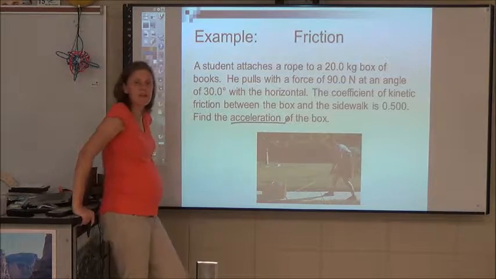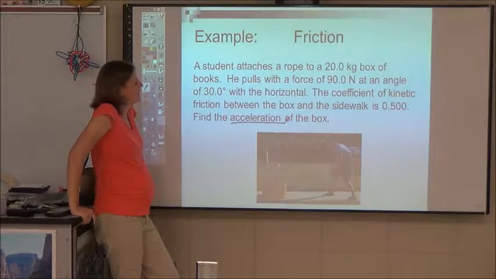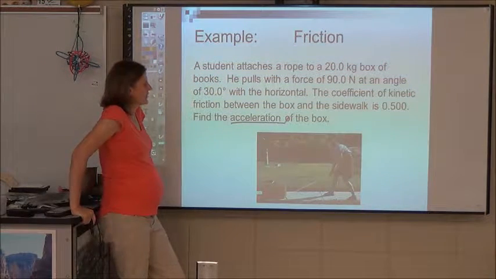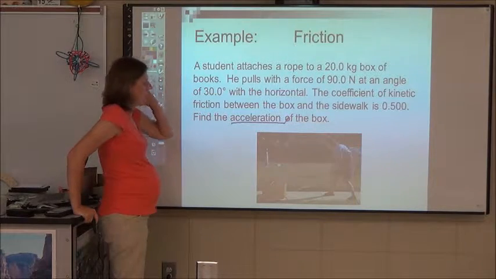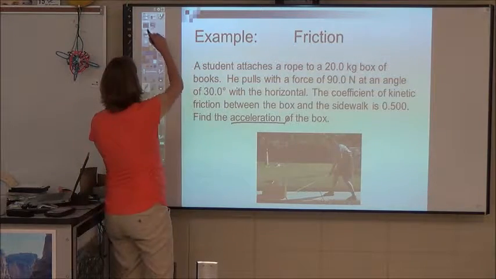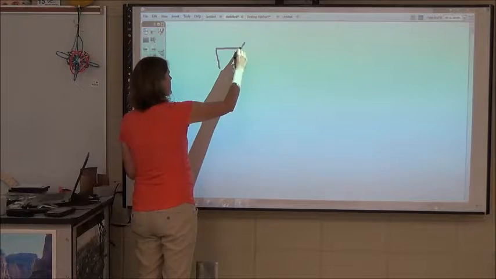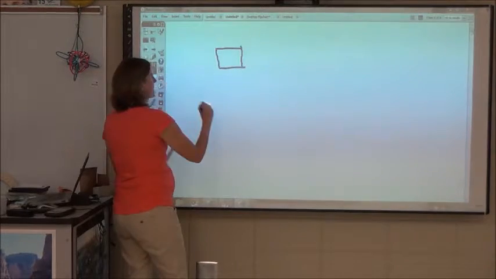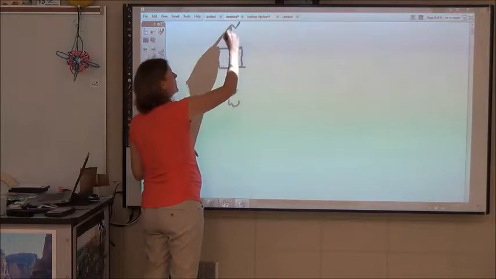So looking for accelerations is definitely a case where forces are not balanced. And we've got kinetic friction given. All right, so let me just sketch this box one more time as a free body diagram. We'll try to label all this. There's the box. I have weight. I have normal.